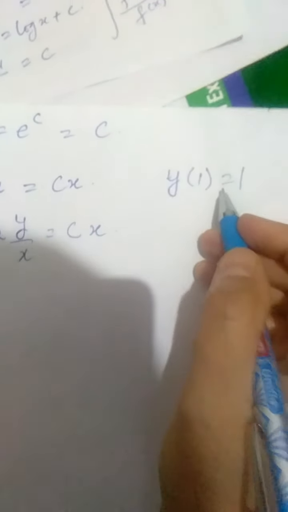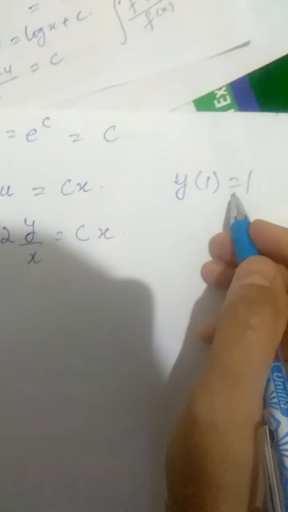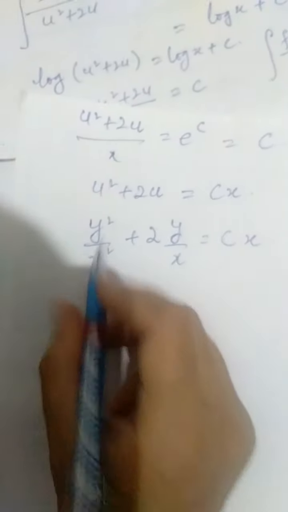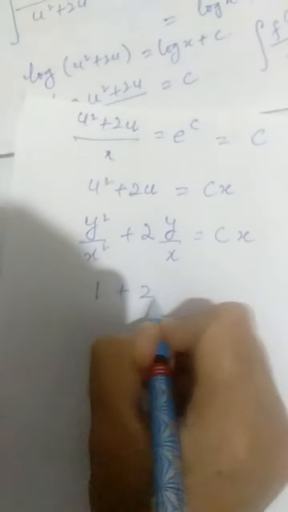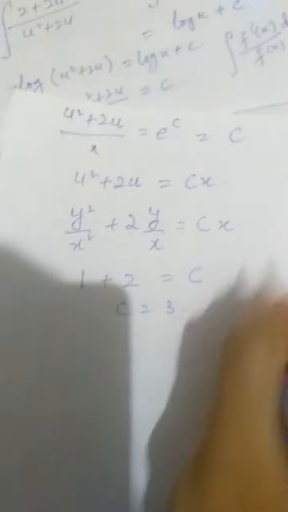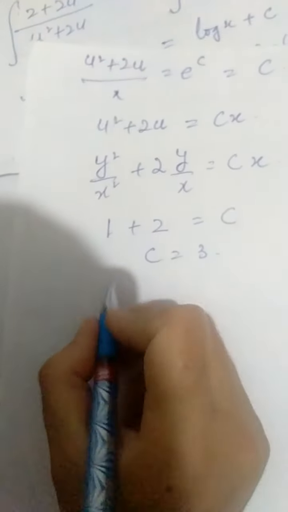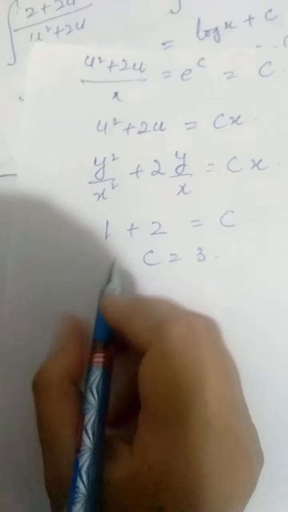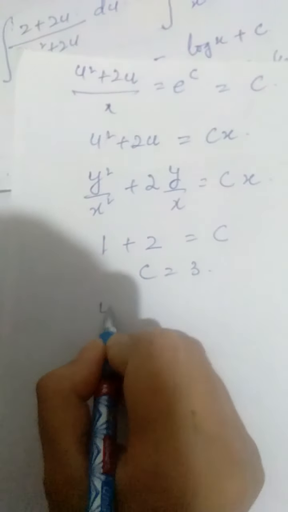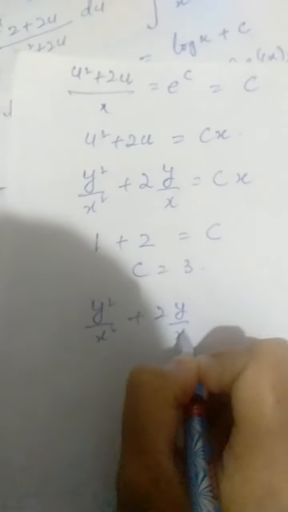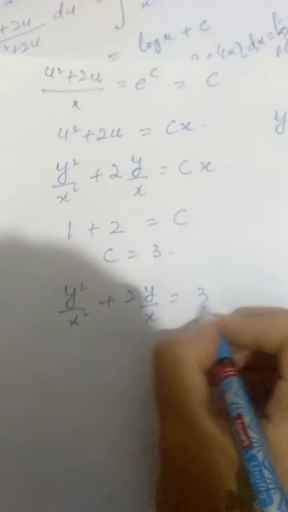Then we will use the initial condition, right? The initial condition is that whenever x is 1, y is also 1. So whenever x is 1, y is 1, so it is 1 plus 2, because it is 1, is equal to c. So c is how much? 3. So because we know that c is 3, y square by x square plus 2 times y by x is equal to 3x.